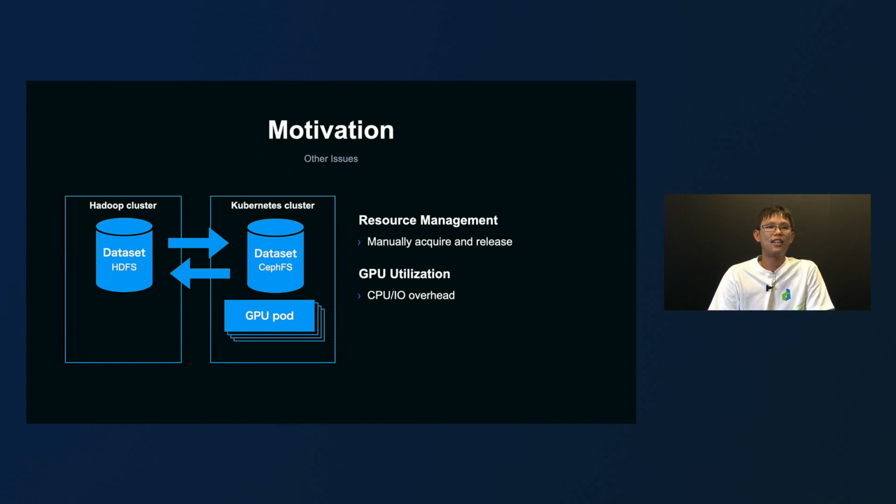If a GPU machine is occupied for a long time, there will be a shortage of GPU machines. About GPU utilization, if processing and sampling are implemented in the GPU card in a naive manner, the GPU utilization will go down because of CPU I/O process overhead.